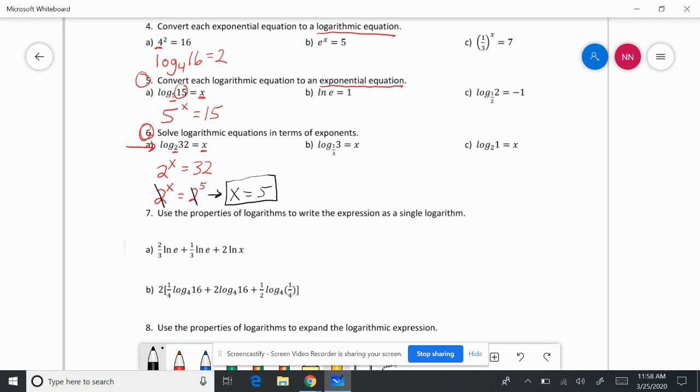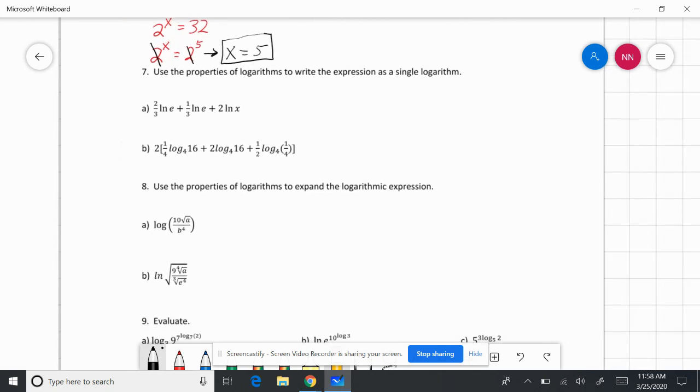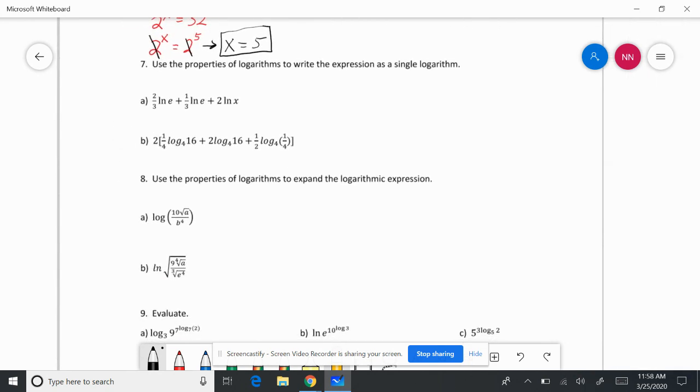Now, looking at number 7, I am looking at the natural log, and I'm going to write one single natural log. So I have natural log of e to the 2/3 times e to the 1/3, and then times x squared.